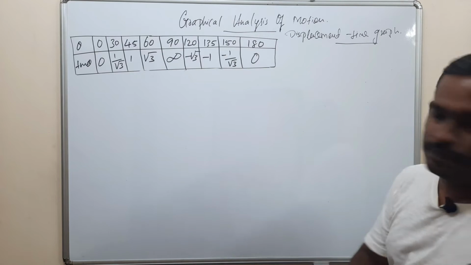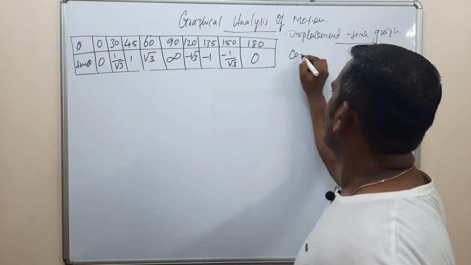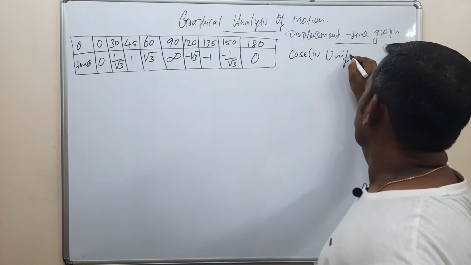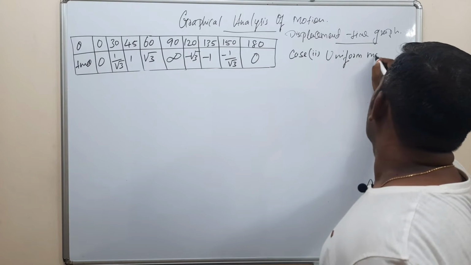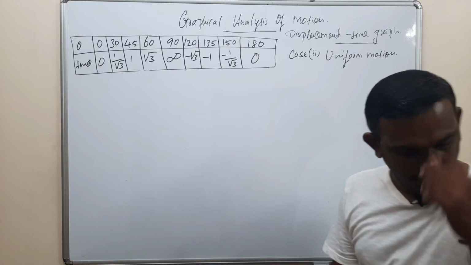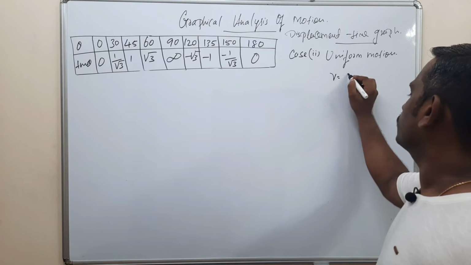Then case 2, it is uniform motion. Uniform motion means velocity is equal to constant.